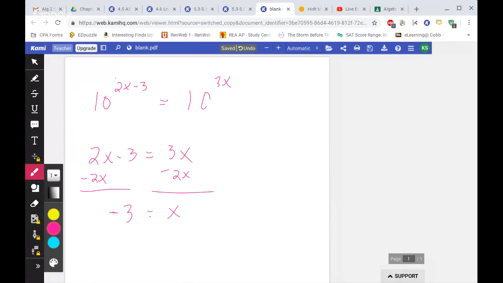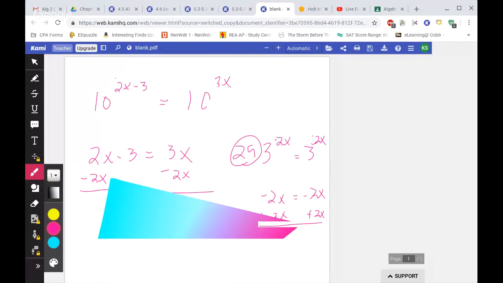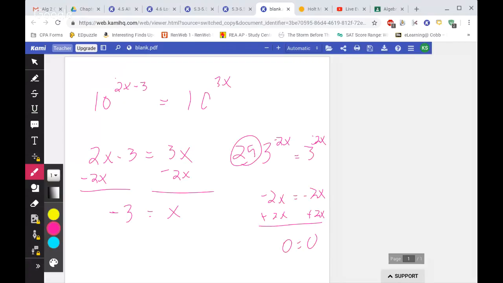Or would that be so confusing? Oh, that one's weird. Yeah, 29. I think you're right when you say that about the 1 thing. Let's just work it all the way out just to prove it. Negative 2x equals negative 2x, plus 2x, plus 2x. Actually, that's 0 equals 0. So basically, that's all real numbers. Number 29 is.